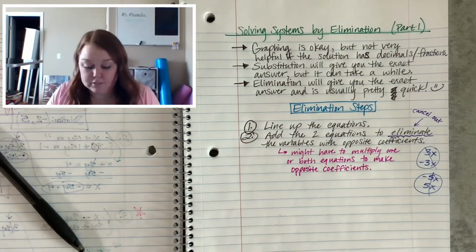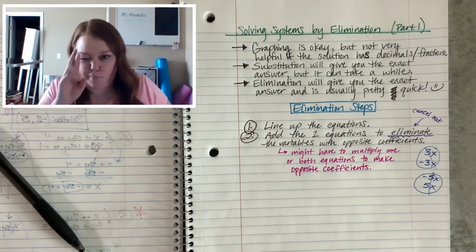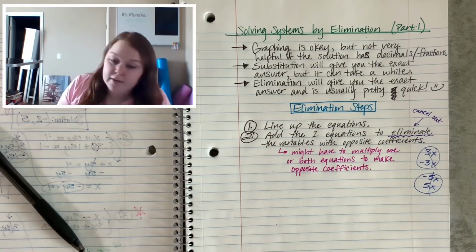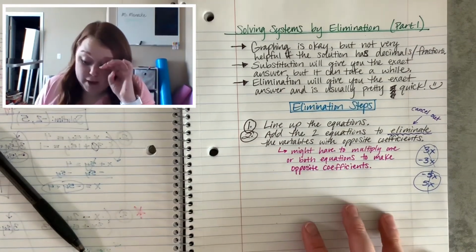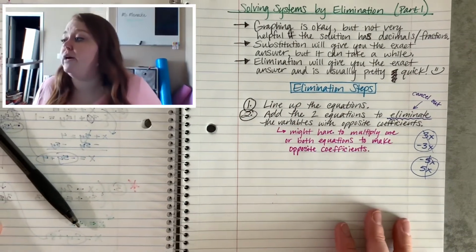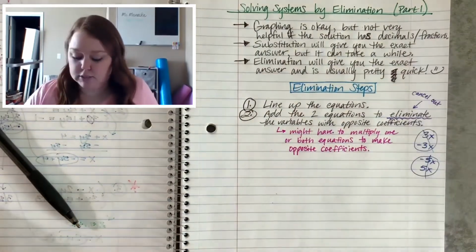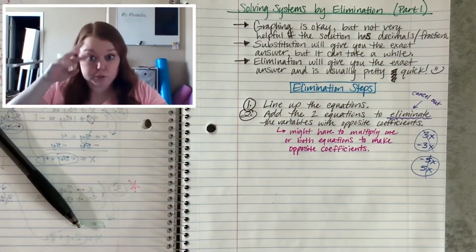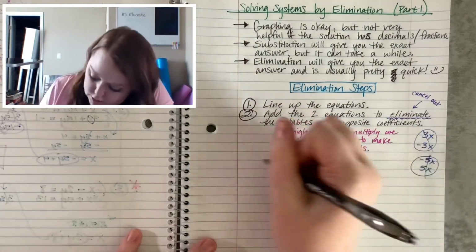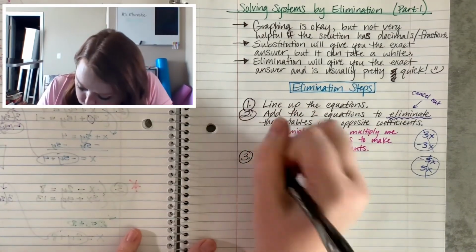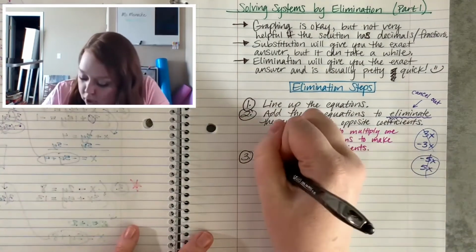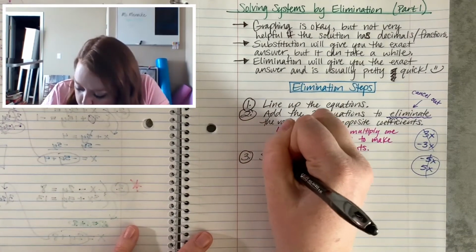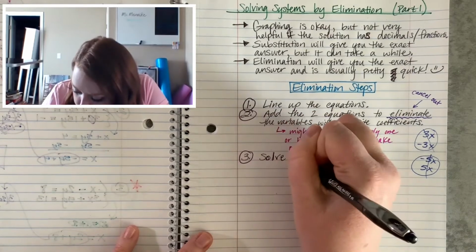This isn't going to make sense right now. Promise it will. Maybe not after this video, but definitely in class. So we might have to multiply one or both equations in order for us to actually cancel out opposite coefficients. Okay, step 3. After we get some stuff eliminated, some stuff canceled out, we're going to solve for the remaining variable.